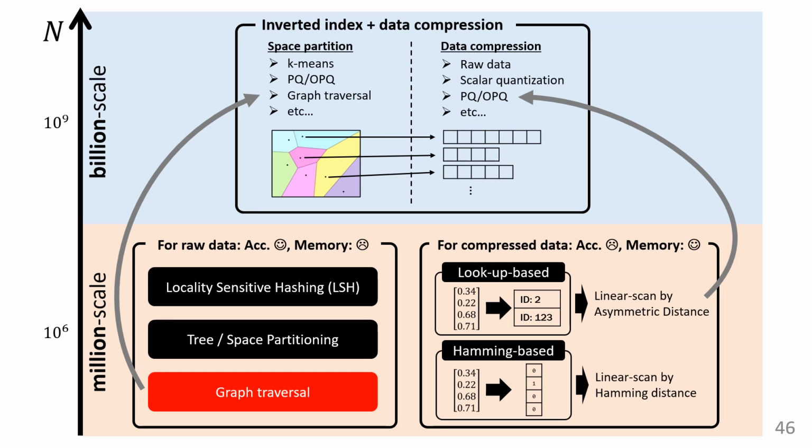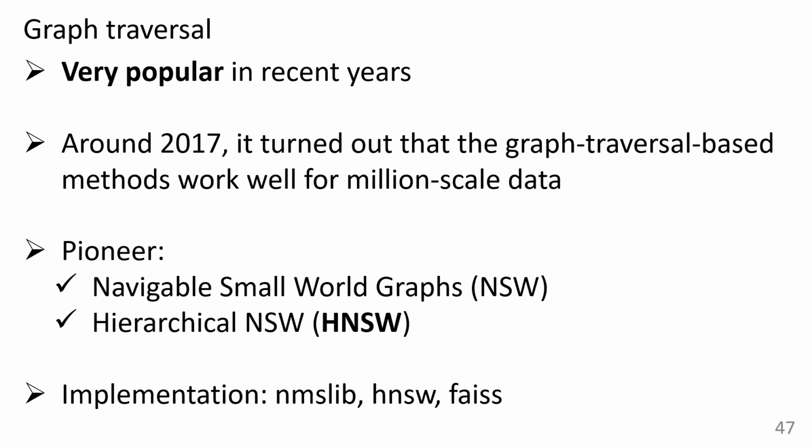Okay, the tree-based methods are finished. Next, we move to the final method for raw data: the graph traversal based method. It is very popular in recent years, because around 2017 it turned out that graph traversal based methods work pretty well for million-scale real-world data.